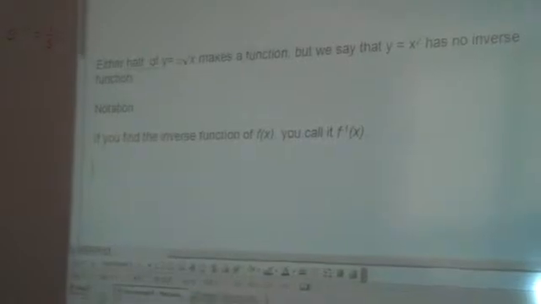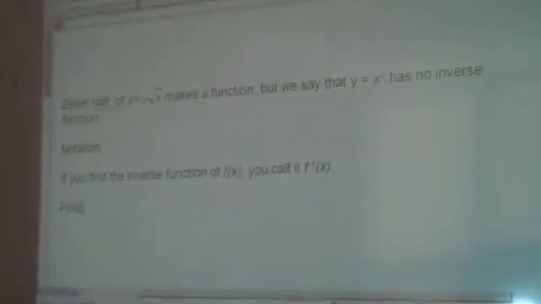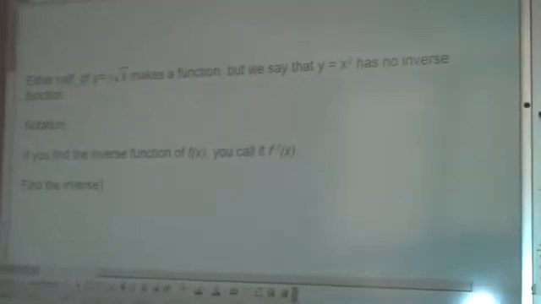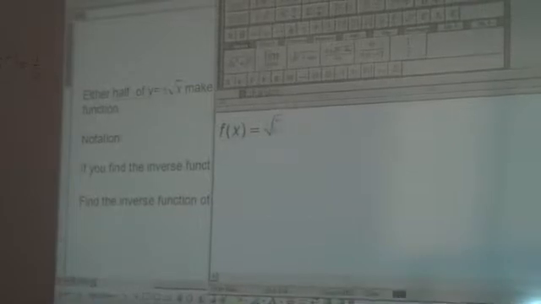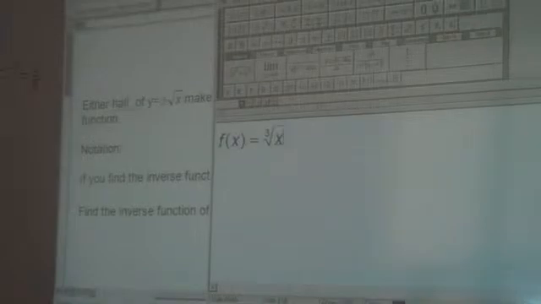So now let me find some examples. Find the inverse function of f of x equals the cube root of x plus 1.